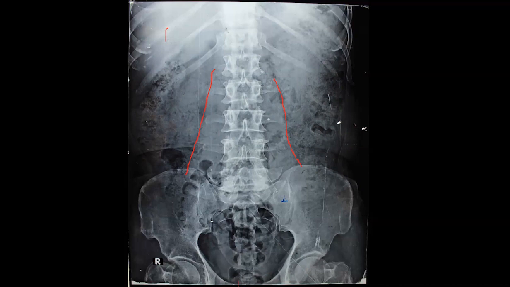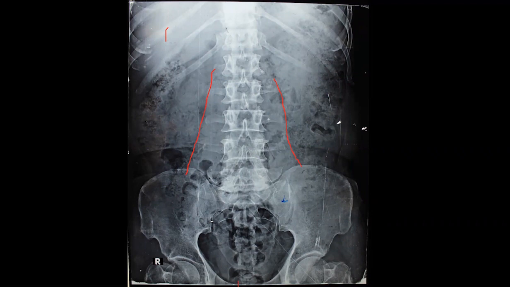Okay, give a wrap up. This is a plain film showing kissing stents at the aortic bifurcation. Is this a good abdominal film? I think yes, we can say it's an abdominal film.